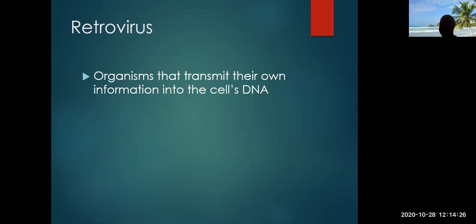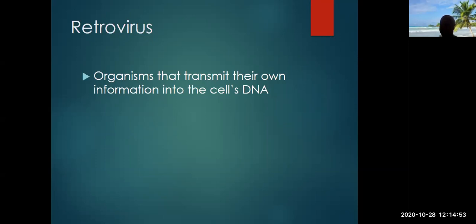So the retrovirus inserts its own genetic material into the host DNA from its RNA. In this way, the retrovirus can expand and multiply, all the while using the host cell's metabolic system and making those virions, those new viral particles that can leave the cell and infect more cells.